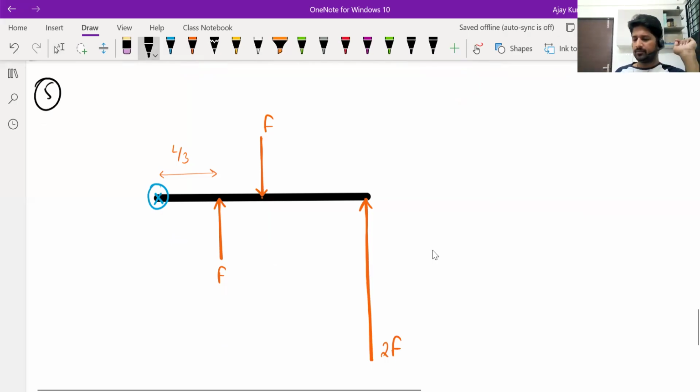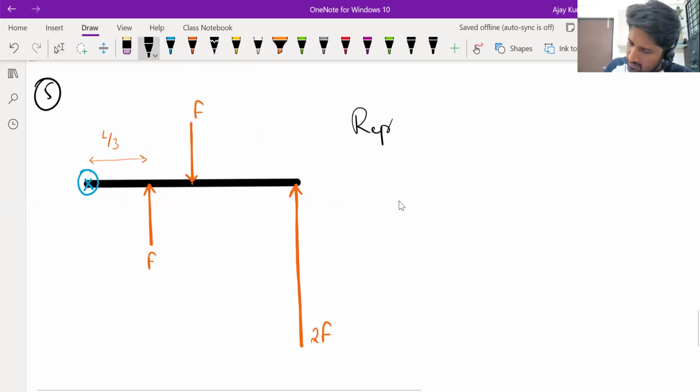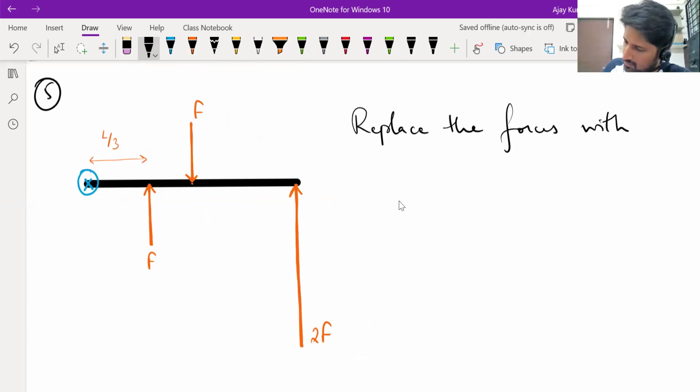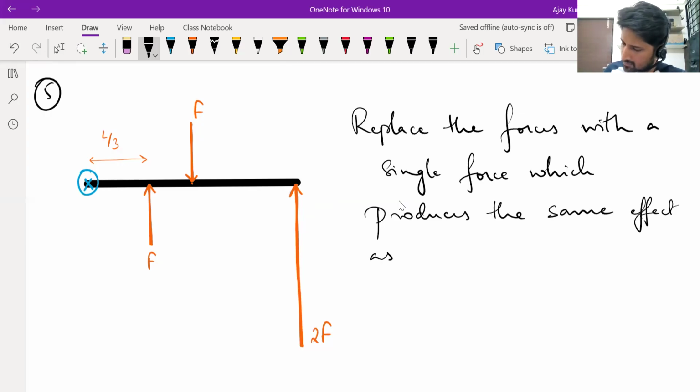Okay, all three forces are perpendicular to the rod and you are given where they are acting. What I want you all to do is replace these forces, the three forces acting, with a single force which produces the same effect as these three forces combined.